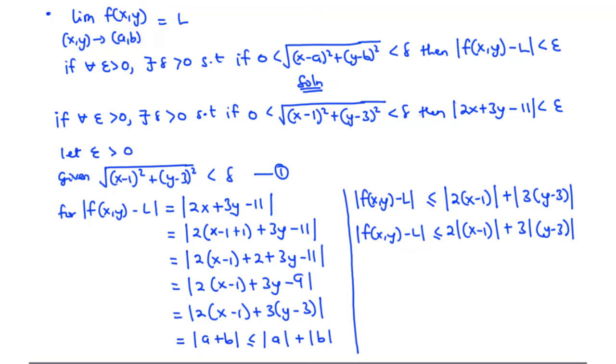So from equation 1 we have x minus 1, we also have x minus 1 here, and then we have y minus 3, we also have y minus 3 here. So let's do that on the next page.